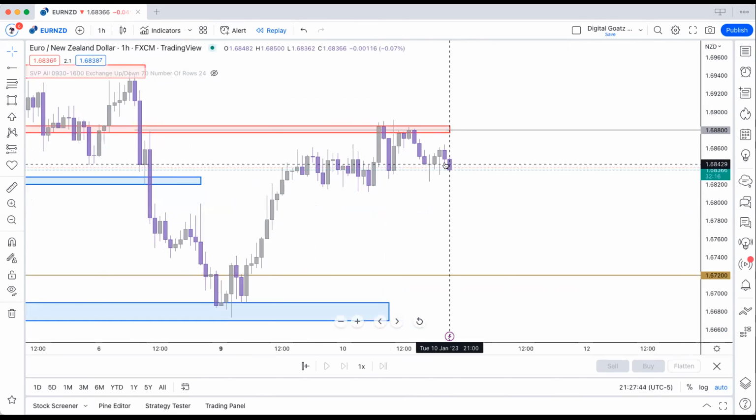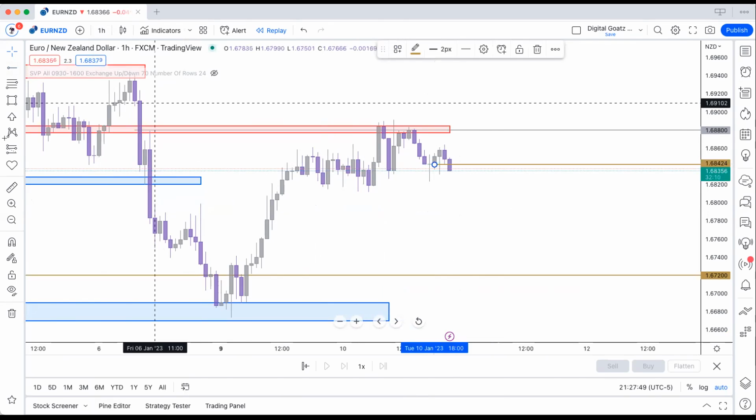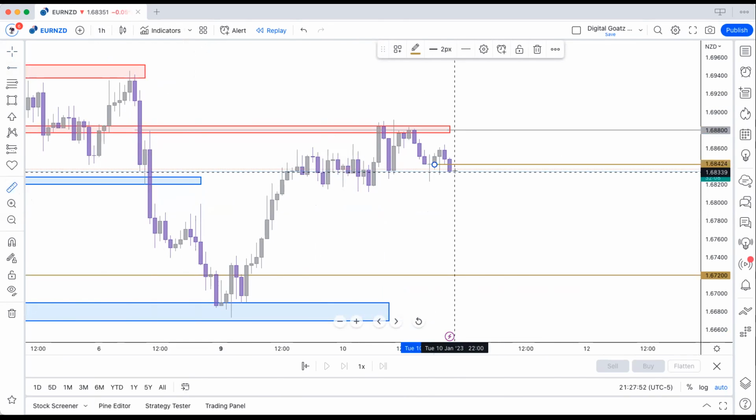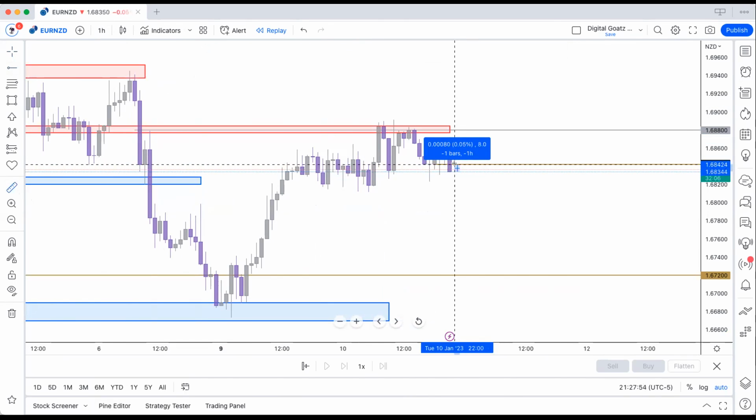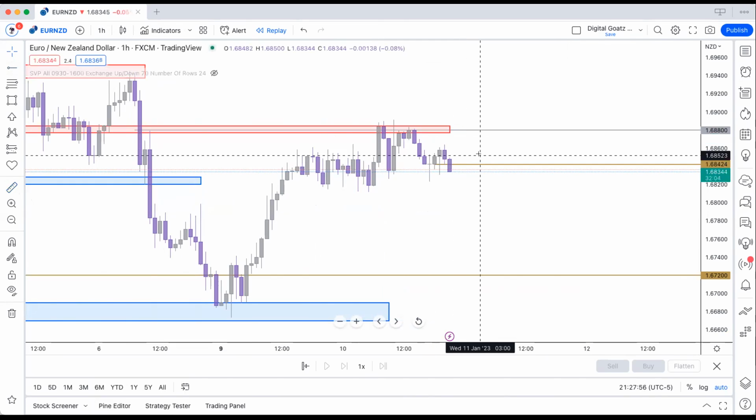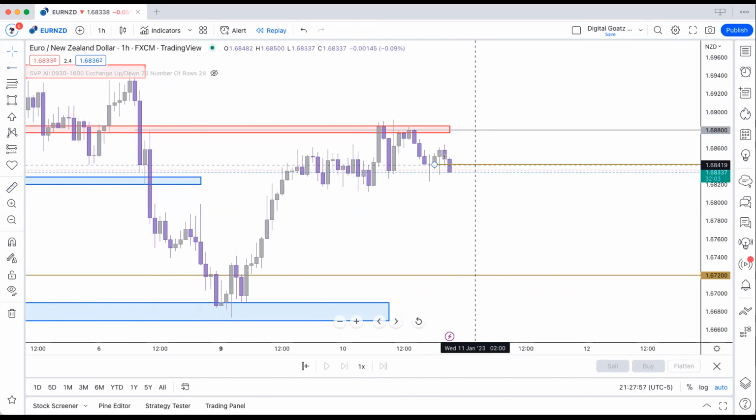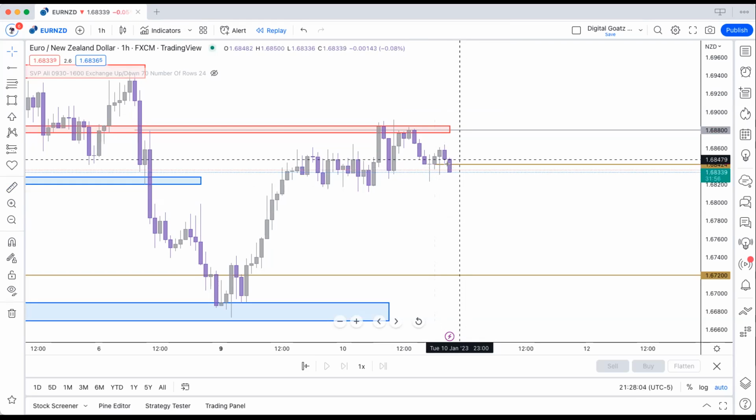So right here, once it broke that, this is basically your selling point right here. Could pull back up, about 8 pips from that entry. You see what I'm saying? I'm not taking this because I'm already locked into trades. I mean, I could take it, but if anything, what I would probably do is, same concept, break.